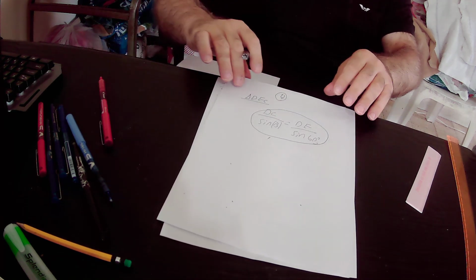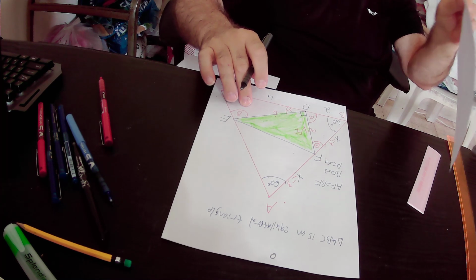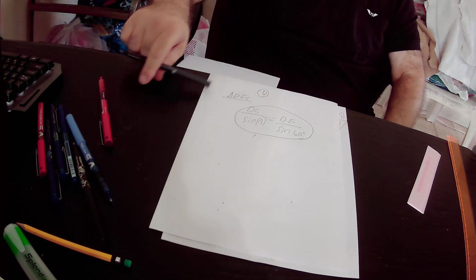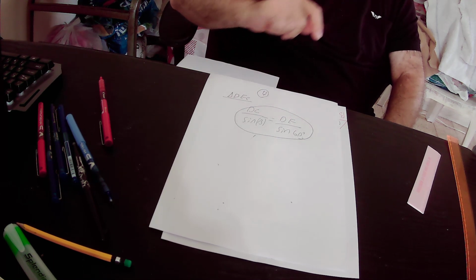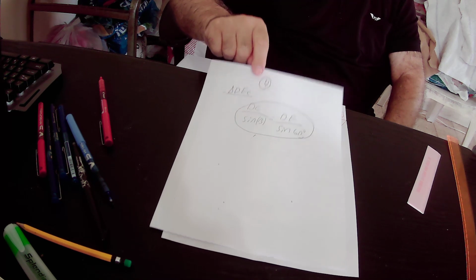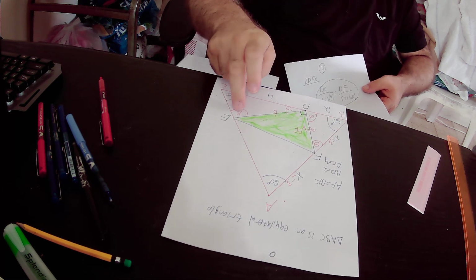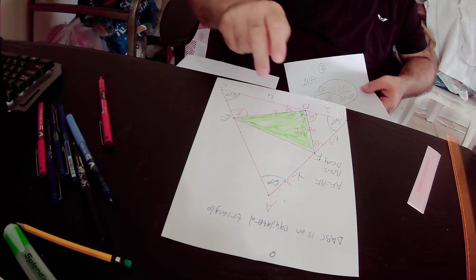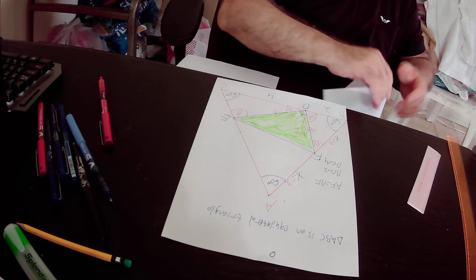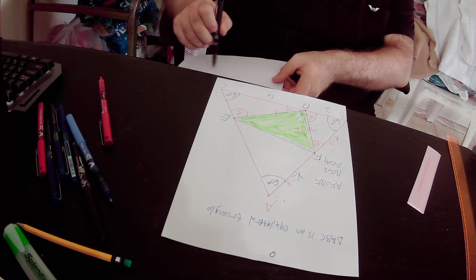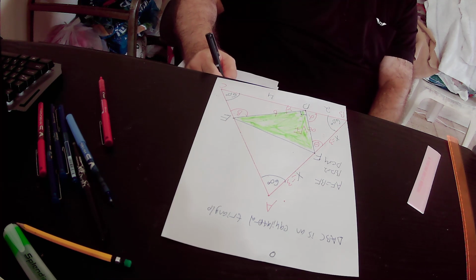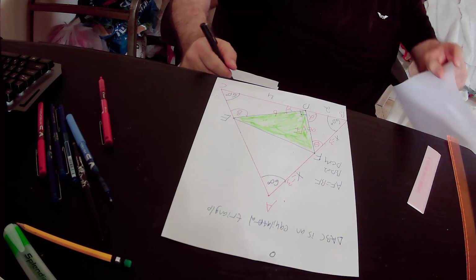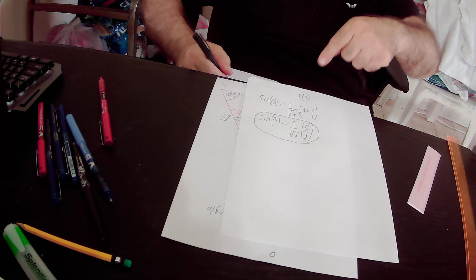Again, in this small triangle DEC, DC over sin beta equals DE over sin 60 degrees according to the law of sines. What is the value of DC? DC equals 4 units, and we have already found out the value of sin beta.